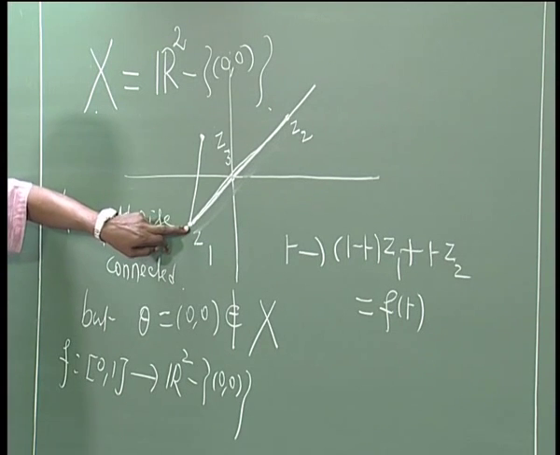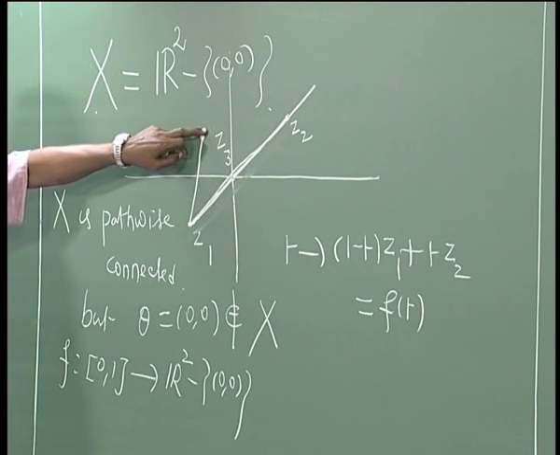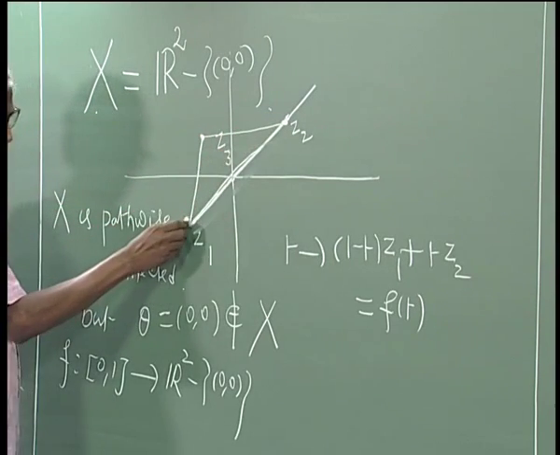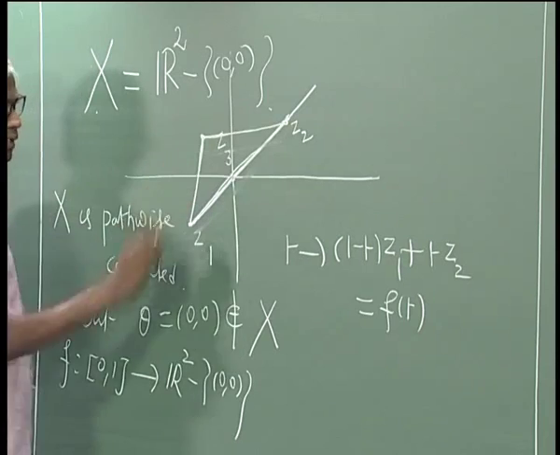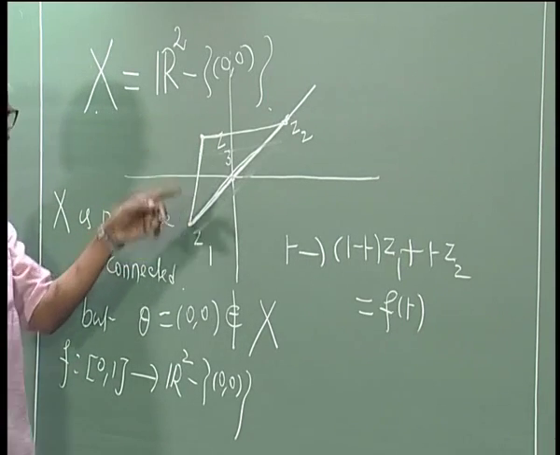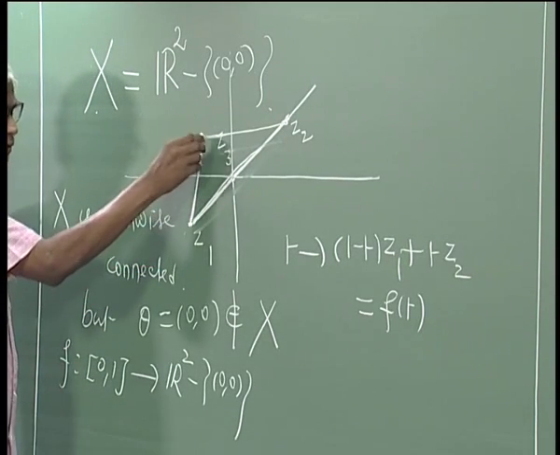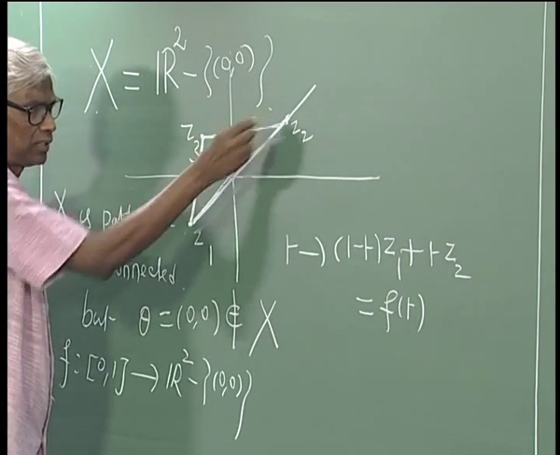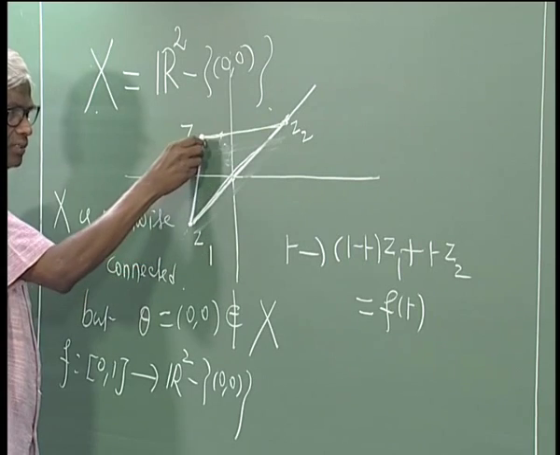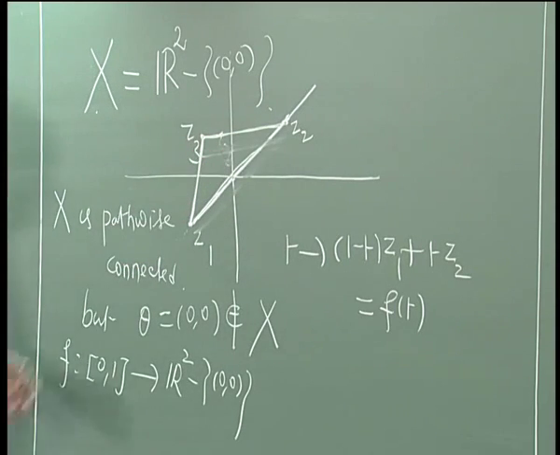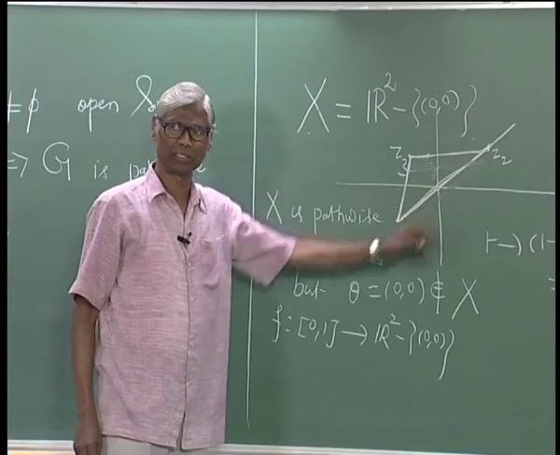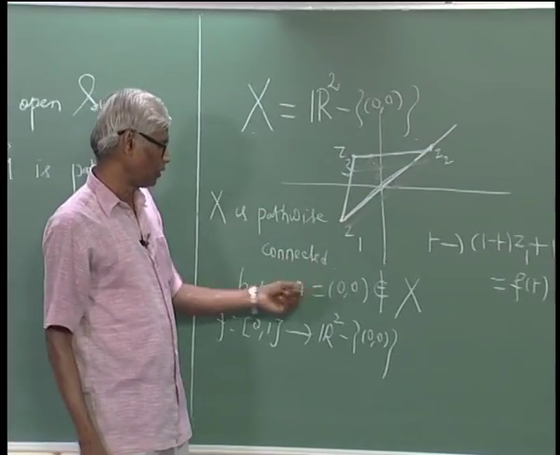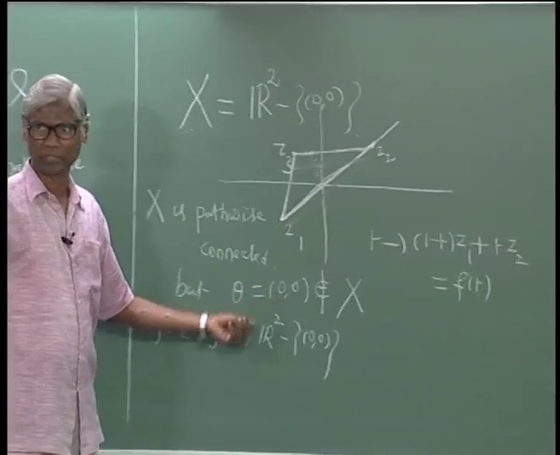So, there is a path joining Z1 and Z3 and also a path joining Z3 and Z2, such that origin 0 is not here. So, this we can prove for any Z1 Z2. So, hence R2 difference origin is pathwise connected.